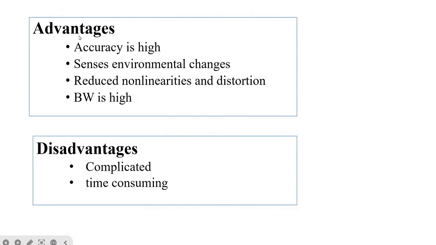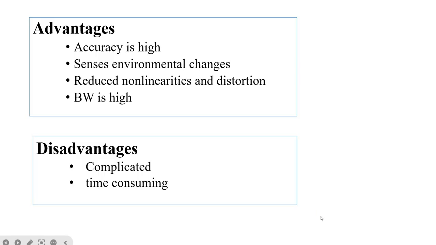Now these are some of the advantages of the closed loop system. First is with respect to accuracy. The accuracy of such a system is always very high because the controller modifies and manipulates the actuating signal such that the error in the system is zero.